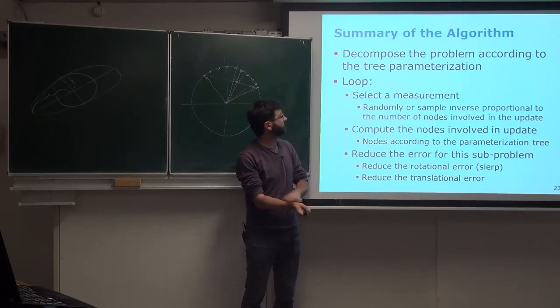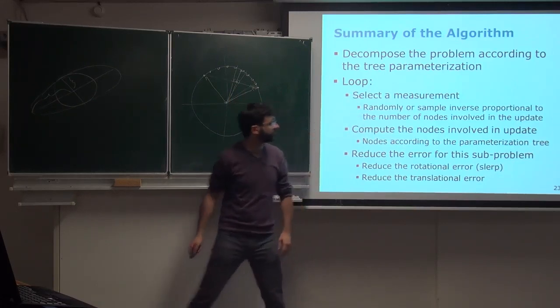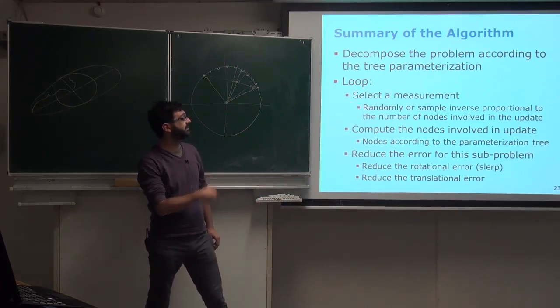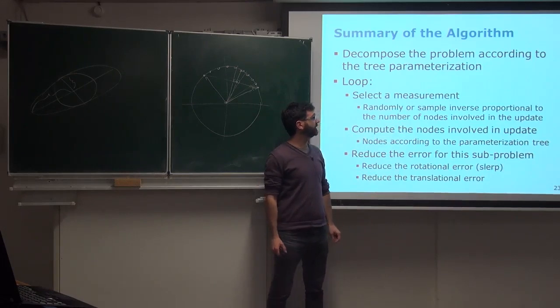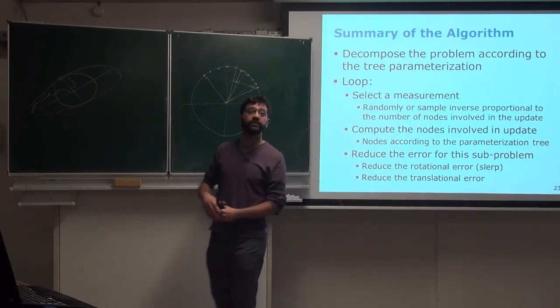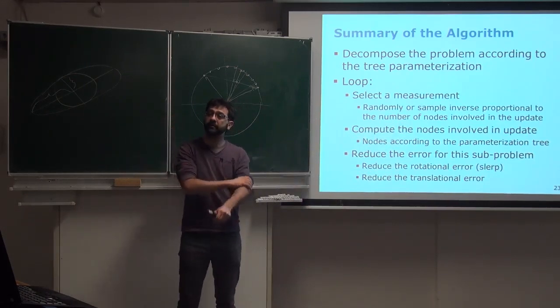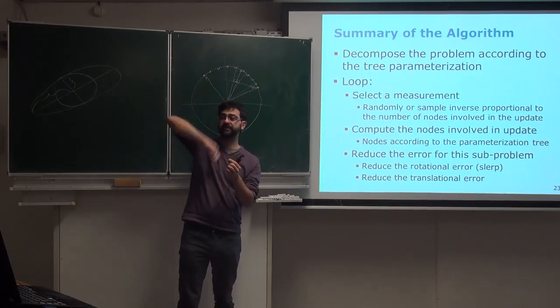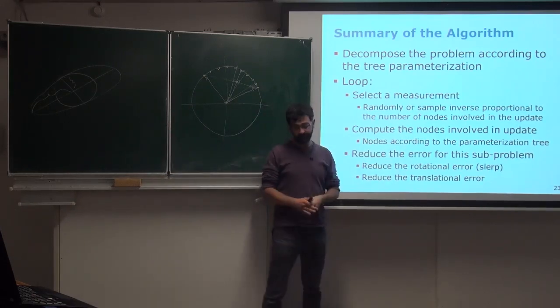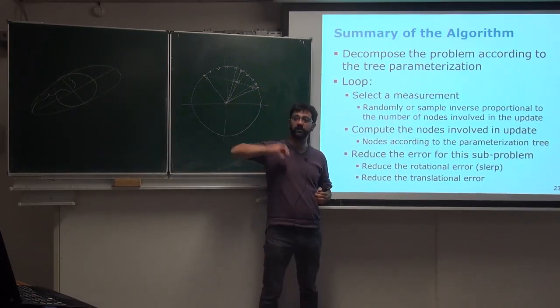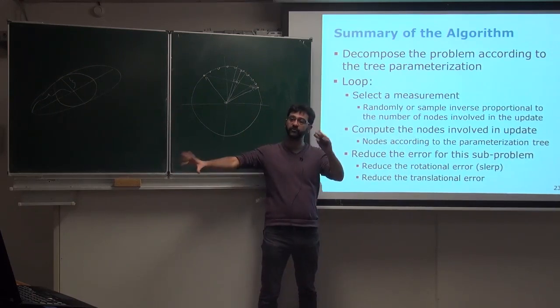And once you have that, you have just a for loop that says select the measurement, and we can do it randomly or inversely proportional to the number of nodes that are included in the update. So basically the length of the up and down path. Then you compute the absolute values of these nodes. So you just propagate everything in absolute coordinates.